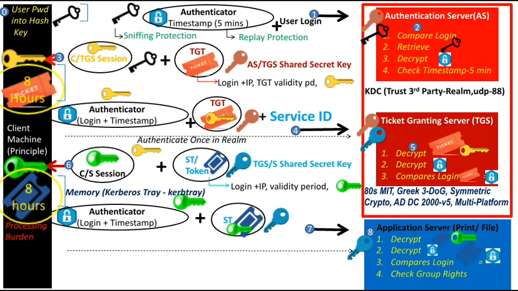Now the application server decrypts the service ticket since it knows the key with which it has been encrypted. After decrypting the service ticket, it gets out the second session key, and if the service ticket has been decrypted, it means that this service ticket was sent by the TGS.